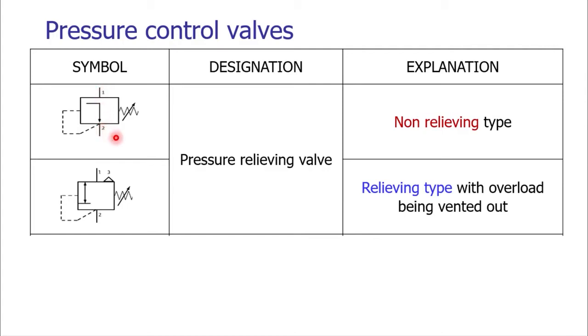But if the output pressure exceeds the cracking pressure of the system, then this valve is not helping us. So for that purpose, we need a vent out or relief port, the exhaust port or the environment port. When the system pressure increases beyond the cracking pressure, the input pressure port will be connected to the vent port, that is the environment port.